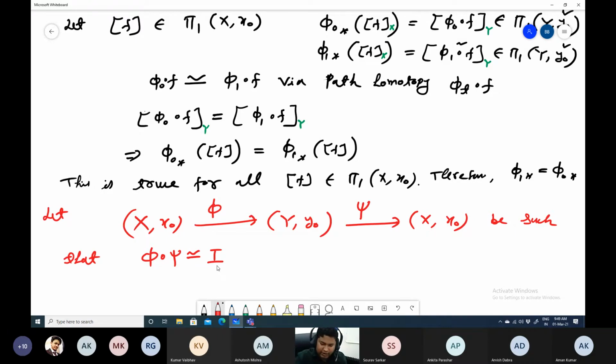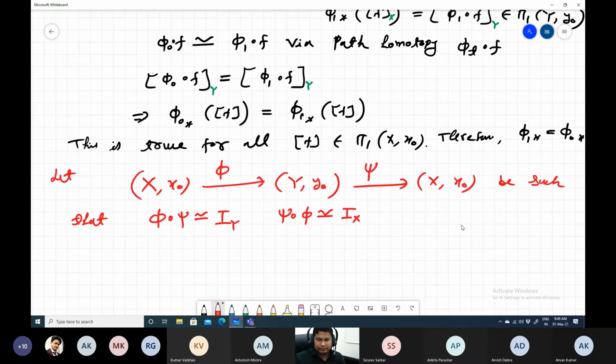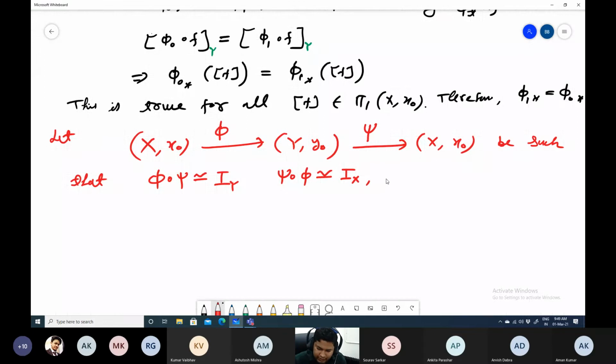Here the identity is on X or Y; this identity is I_Y. And psi composed with phi is again homotopic to I_X. Now here we are writing that.